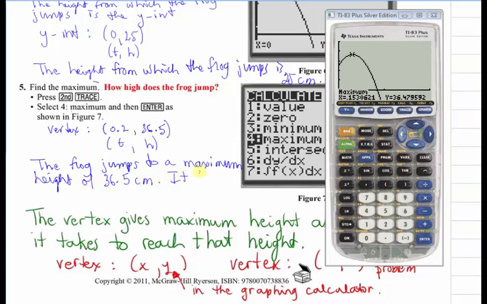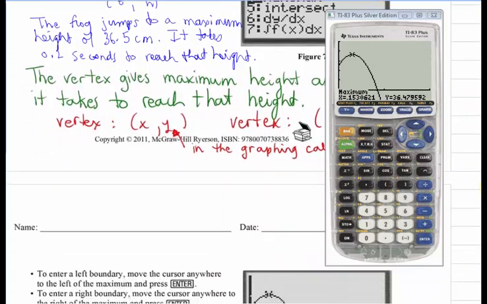It takes 0.2 seconds to reach that height. Okay, and we're answering that question because in your handout it asks you to figure out the maximum height and then when it reaches that height, and so it reaches that height at 0.2 seconds. Okay, so let's move to the next page.